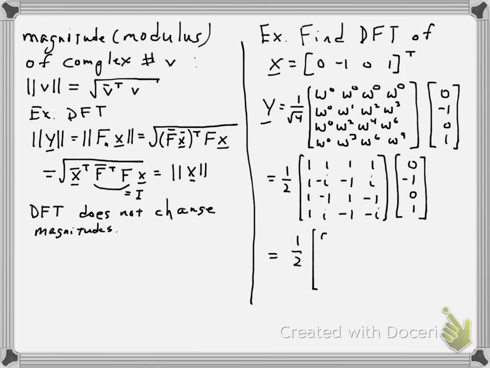Alright, so we get a 0 in the first entry. In the next entry we get 2i. The third entry is 0, and the fourth entry looks like it's -2i. So if we distribute the 1/2, we get the vector 0, i, 0, minus i.